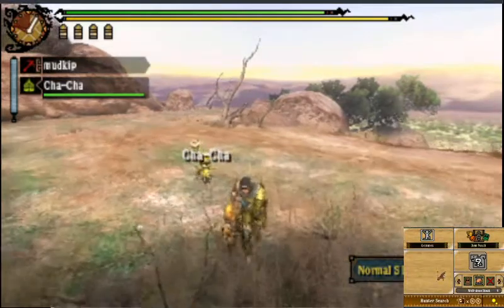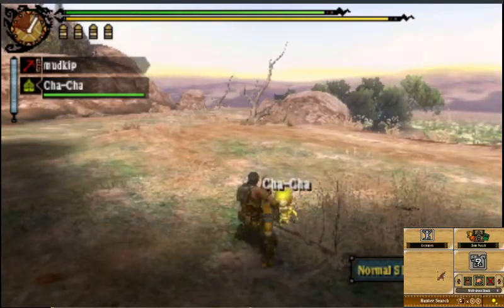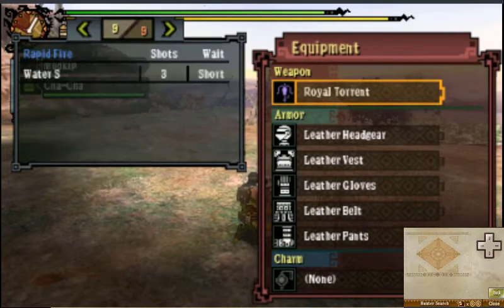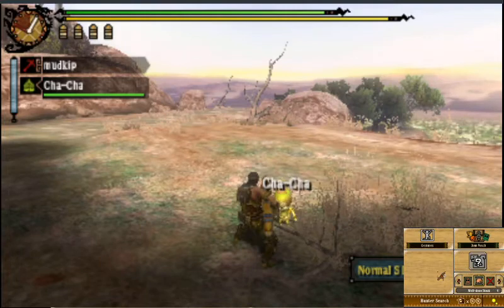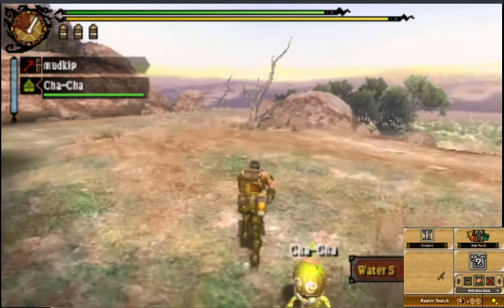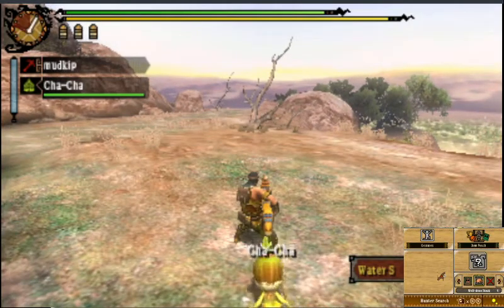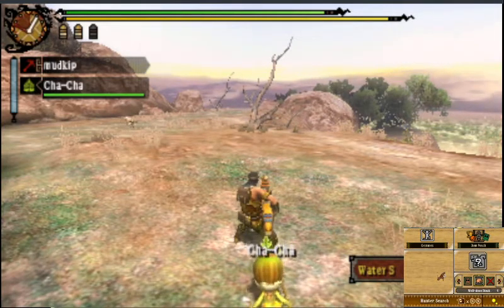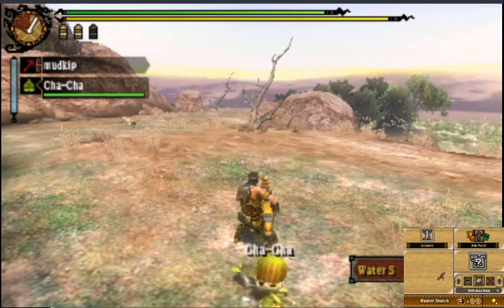So now let's demonstrate the rapid fire. As I've mentioned, the Royal Torrent can rapid fire water ammo. So let's just switch to our water ammo. Right, reload. All right, so now I will press A once to fire once, and see, 3 shots go out for the cost of only 1 ammo.